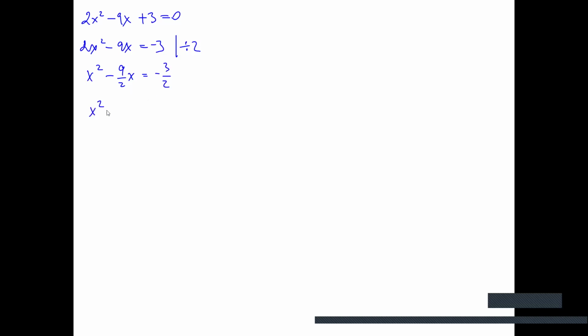Now, x squared minus 2 times 9 over 4 times x plus 9 over 4 squared equals minus 3 over 2 plus 9 over 4 squared.